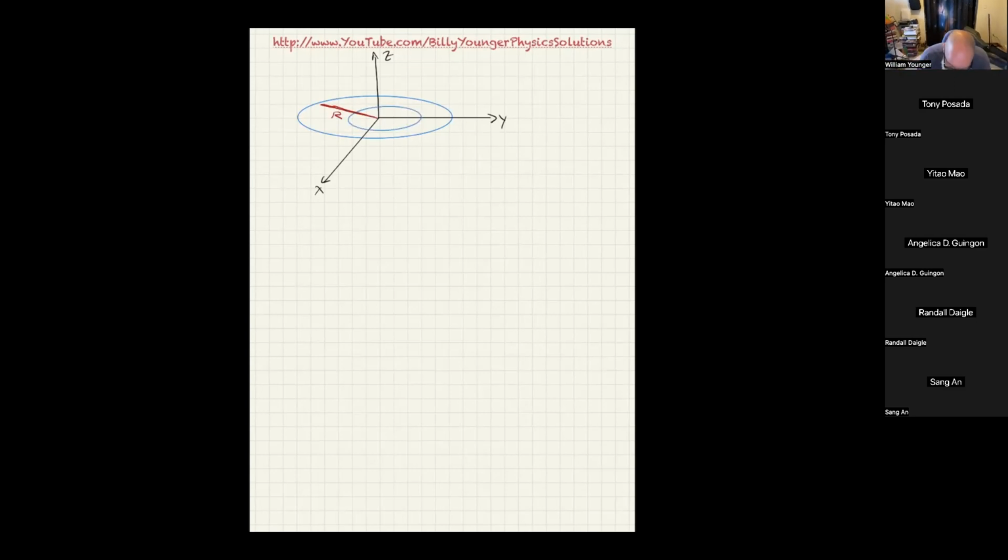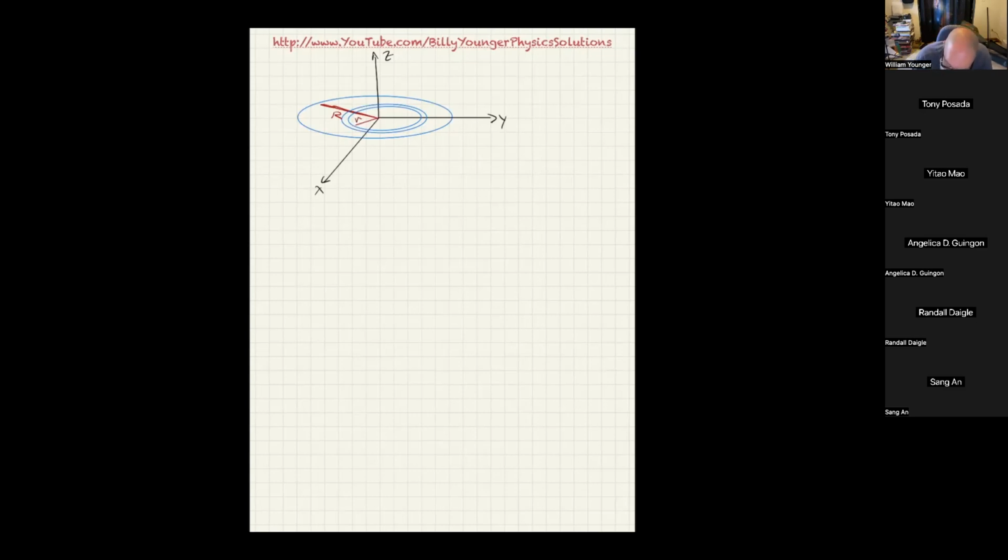Okay, that's a ring of charge of radius little r, say. So that's a ring of charge of radius little r.